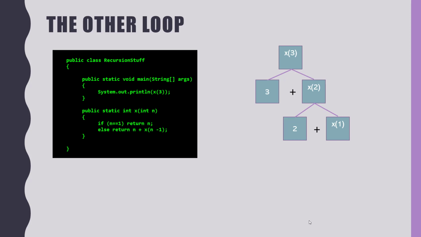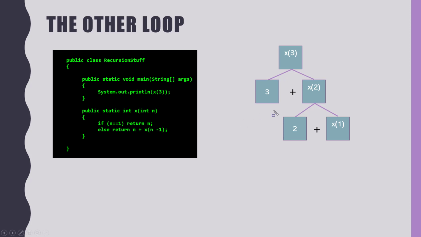Now we run x of 1, and in that case, n is 1, that's what's being passed in right here. And if n is equal to 1, we're supposed to return n, which is 1. So what do we know about x of 1? Its value is 1.